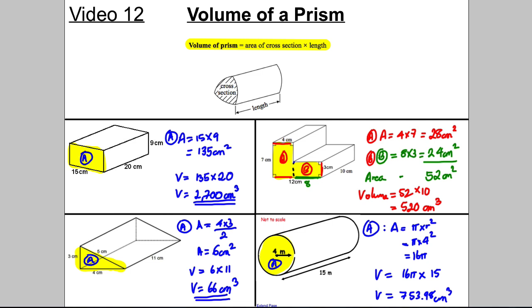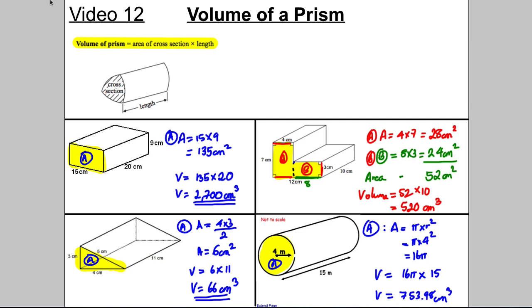One last thing I want to point out that you can write on your revision card. Sometimes they ask you to work out either the mass of a shape or the density of a shape. So if you can work out the volume, you might be able to work out the density or the mass. Now, we can remember this in a triangle, and what we've got is density is mass divided by volume.